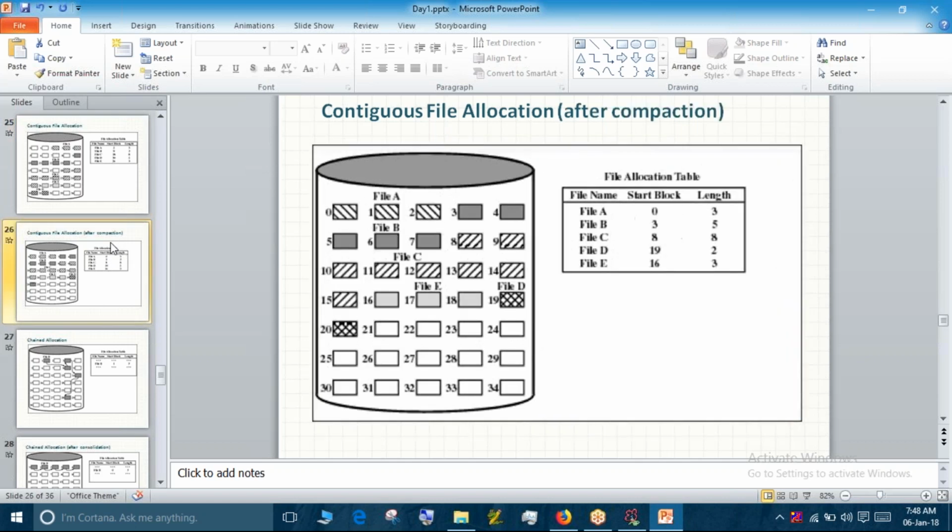As a result, we got the same FAT, but with this kind of approach. So periodically we do compaction so that memory utilization can be done effectively. You got the point, Vladan? Yes, got it so far.